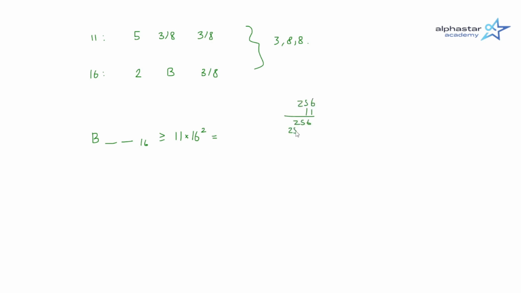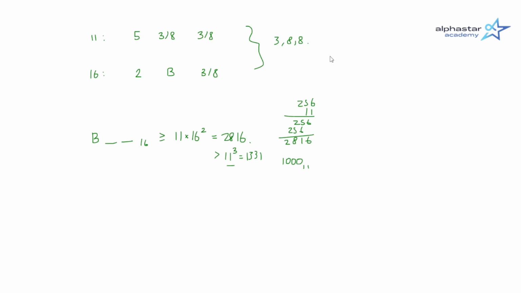That's going to be 2816, and notice that that's greater than 11 cubed. So that tells us that the corresponding base 11 number would definitely have 4 digits or more, because 11 cubed is already a 4-digit number in base 11. So you know that the first number is not b.